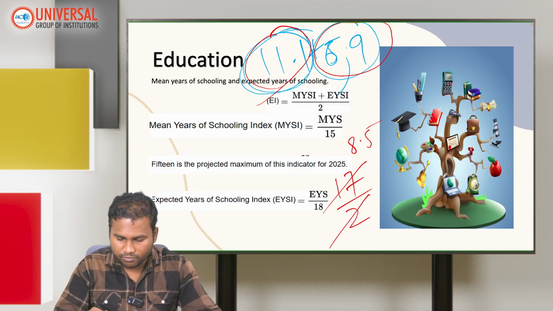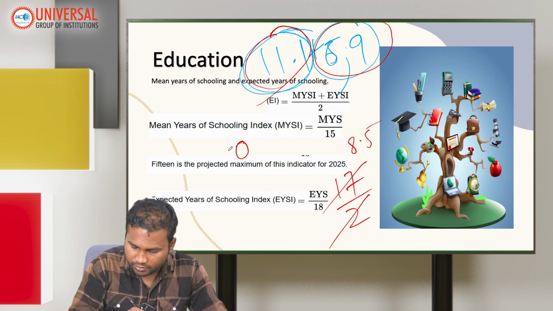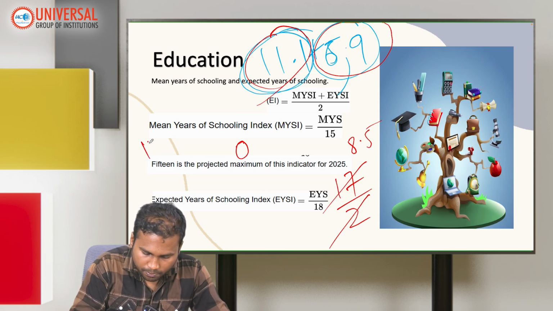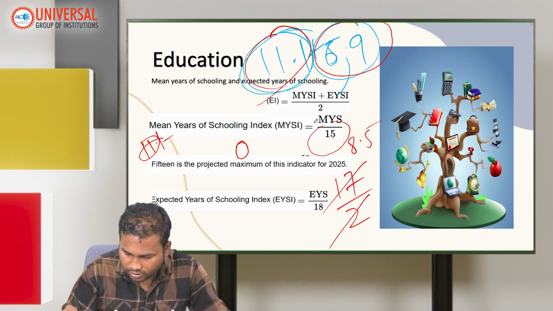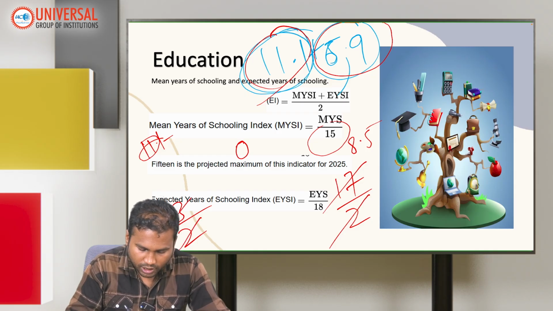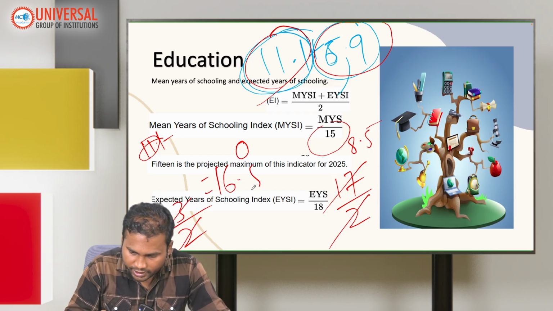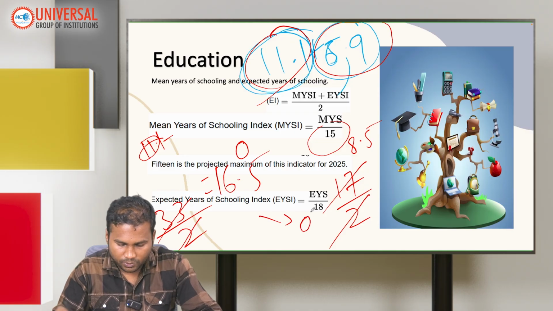The minimum value is 0 here. The maximum value, like the presentation shows, is 15 plus 18, that is 33, divided by 2, so 16.5 is your maximum value. Minimum value is always 0.